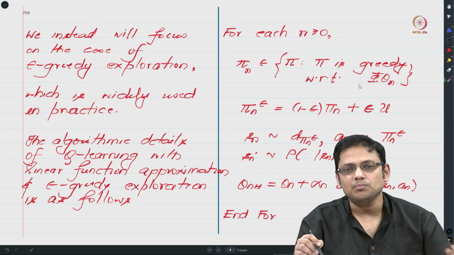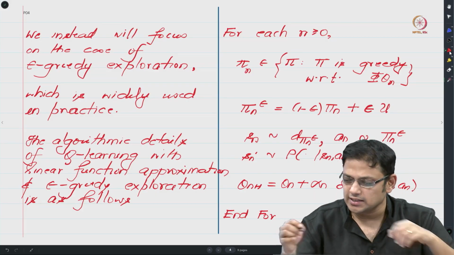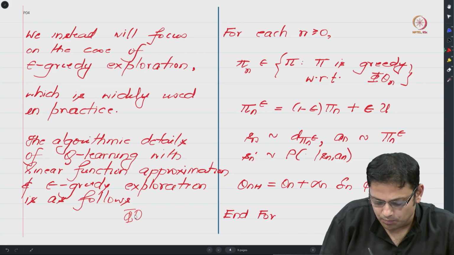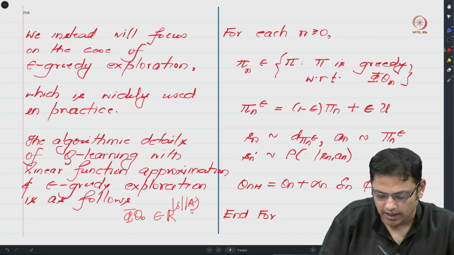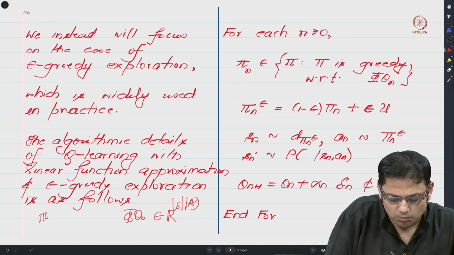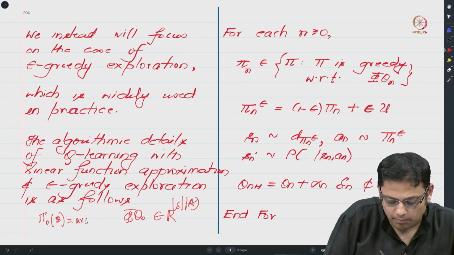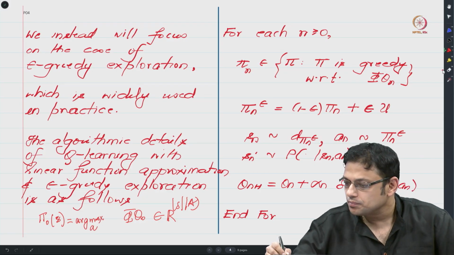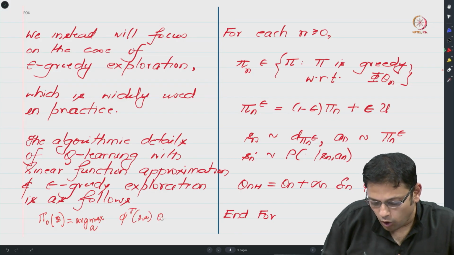By greedy I mean phi theta 0 will be a vector of size cardinality S times cardinality A. So we will presume that pi 0 at state S, the action that this policy picks at state S, is basically argmax over A of phi transpose (S, A) theta.